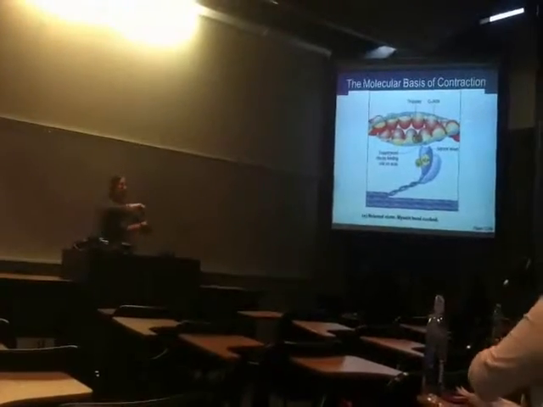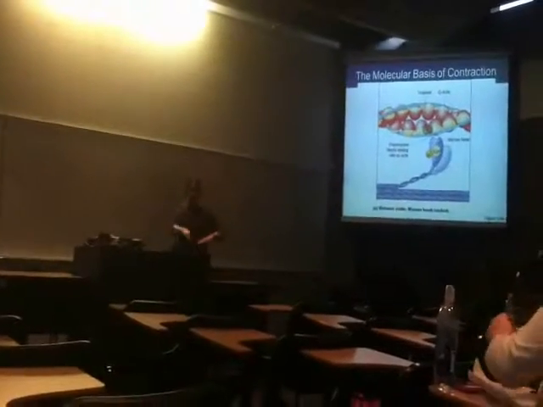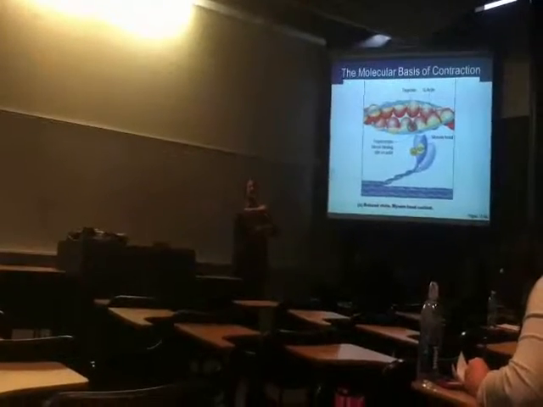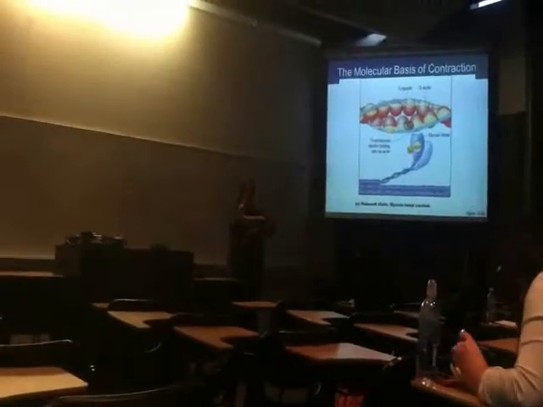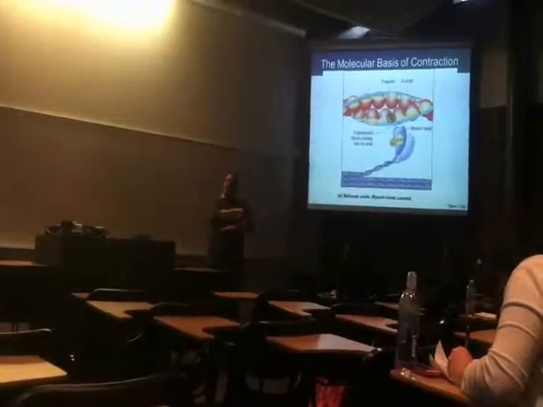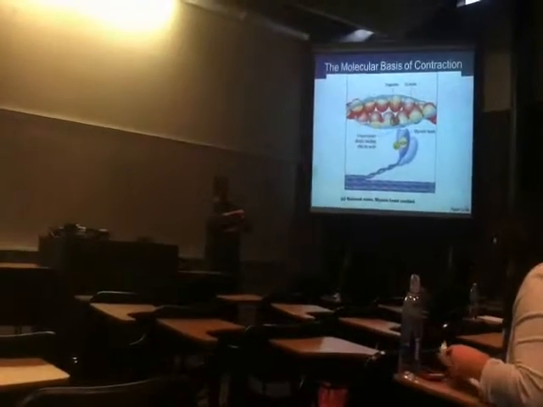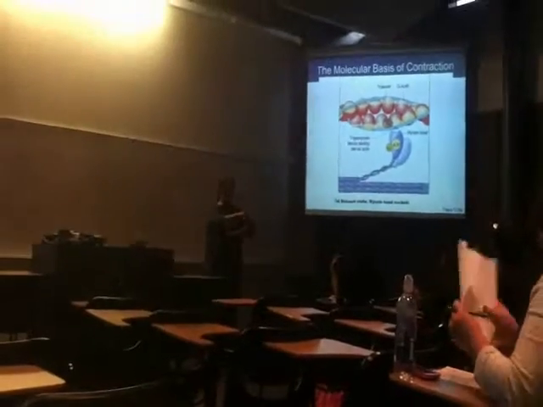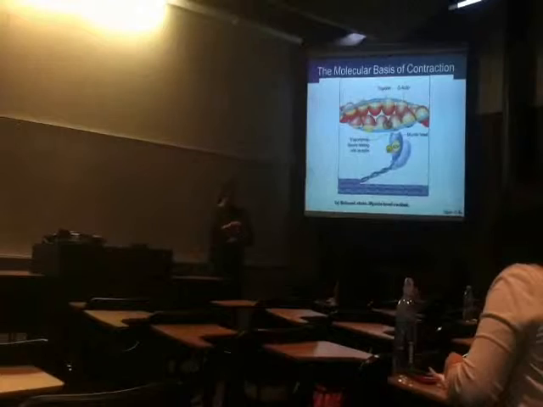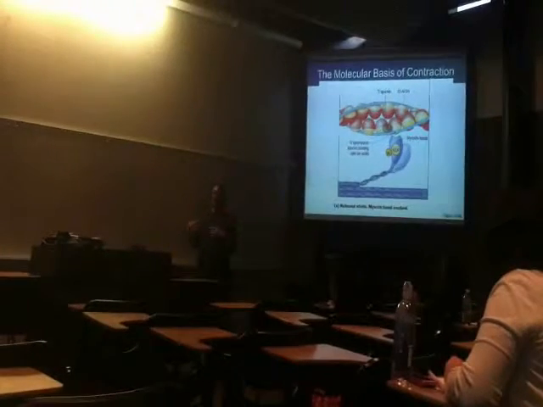So if the myosin head has already bound, let's say this is ATP, it's already bound the ATP and it's activated, it's not going to cross-link with the actin until calcium is present. Once you get an action potential and once calcium floods the inside of that cell, then it will engage and contract. Okay? So you have to have ATP, but you also have to have calcium.